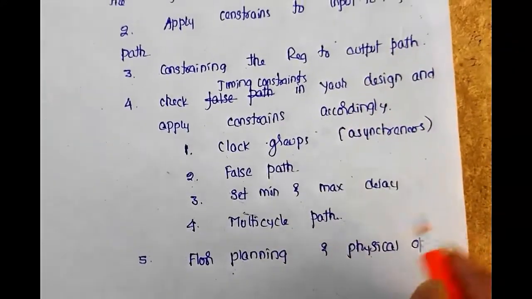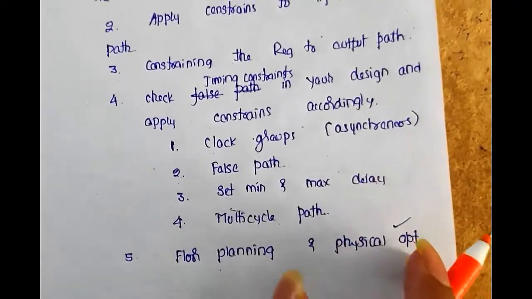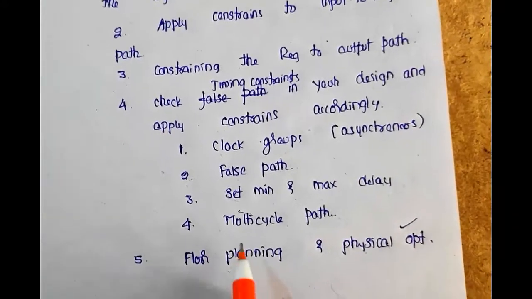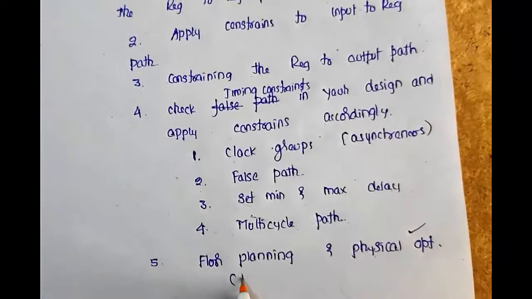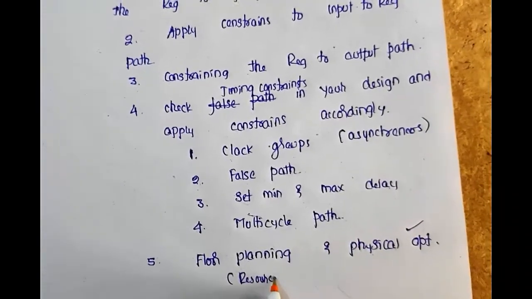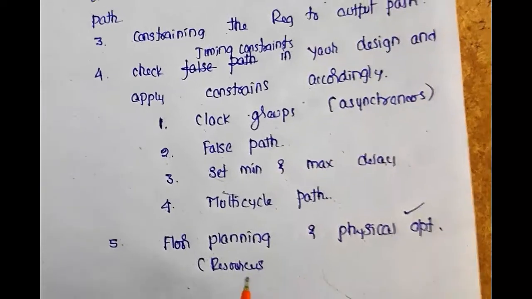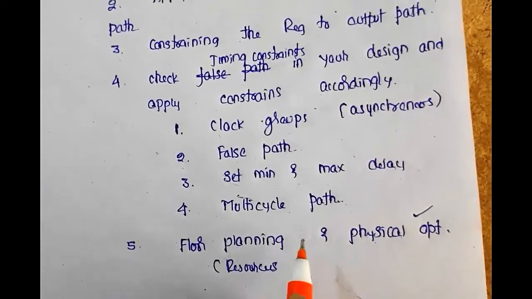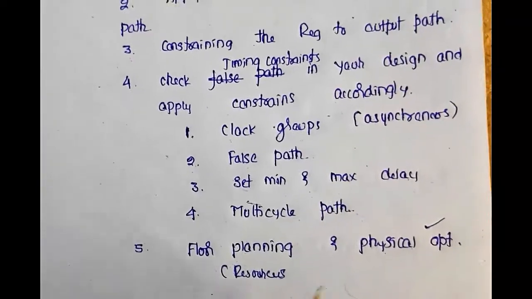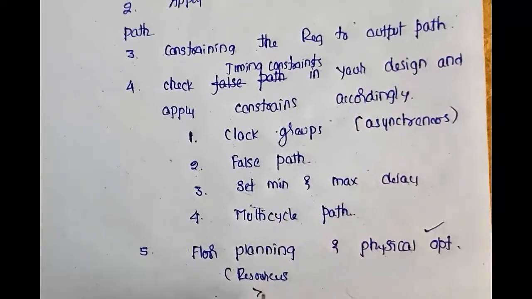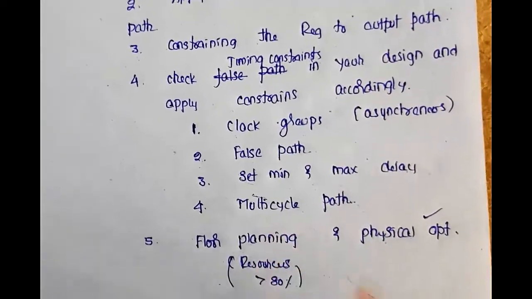Check first with physical optimization, then if timing is not met, you can apply floor planning when your resources are greater than 80. Check the resource utilization, whether flip-flops, latches, BRAM, or DRAM. If resources are utilized greater than 80%, then you can go for floor planning.